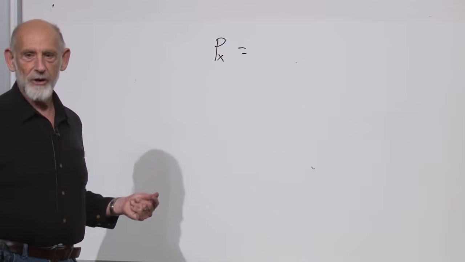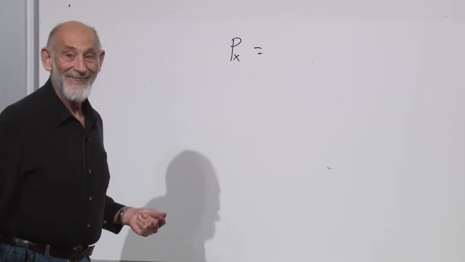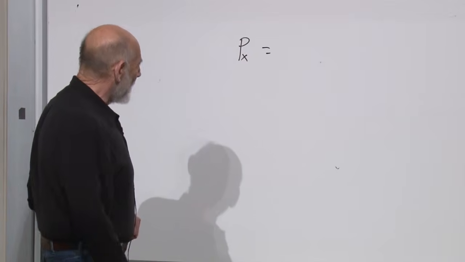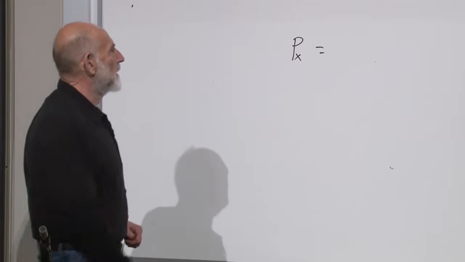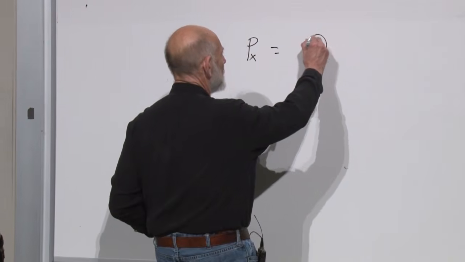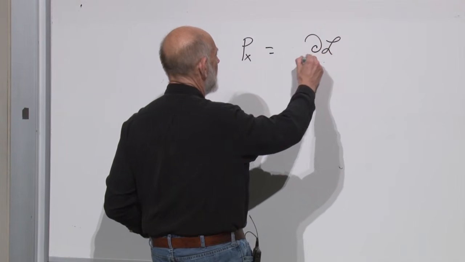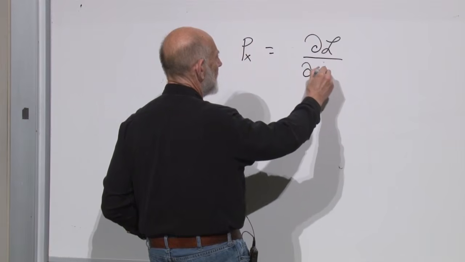Everybody have it at their fingertips? Was it partial L, partial q dot? Yeah. The derivative of the Lagrangian with respect to the component of velocity. Derivative of the Lagrangian with respect to x dot.